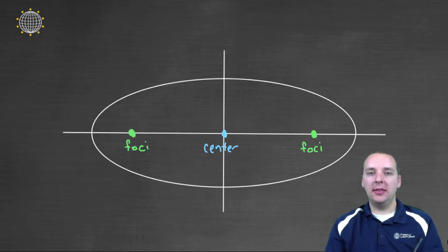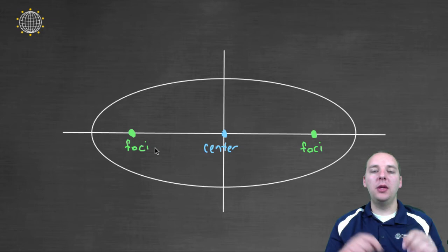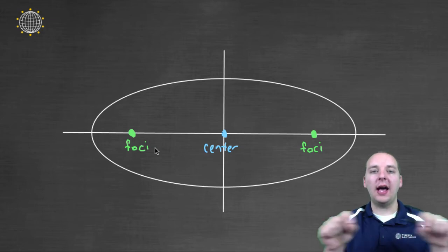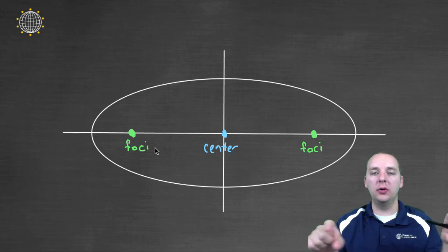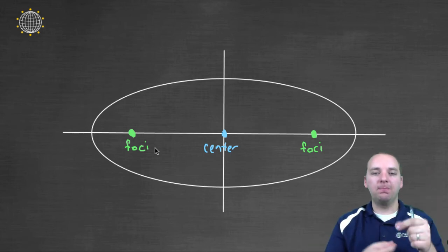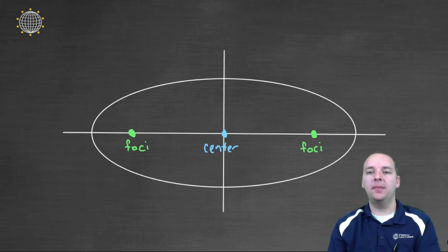The next thing we need to know vocabulary-wise are the foci. The foci are the two fixed points that I talked about earlier. The foci will be on the longer axis of the two. Either your ellipse will be elongated horizontally or vertically, and the foci will be on the longer side. I'll talk more about that in just a minute.